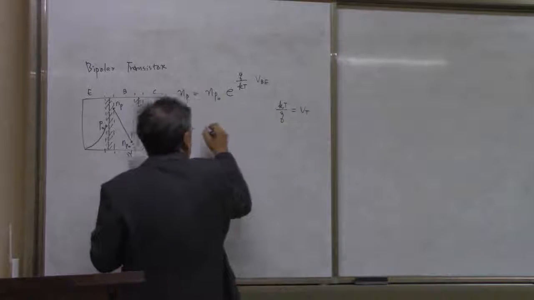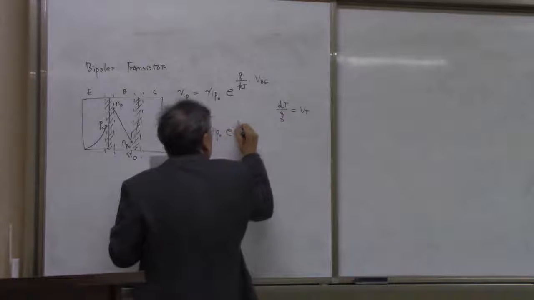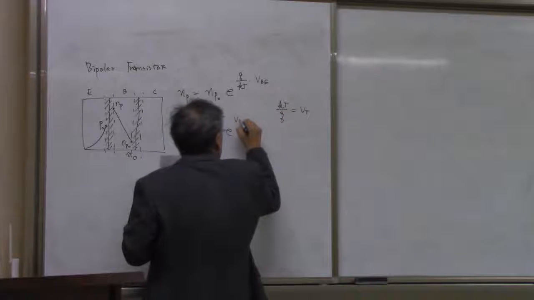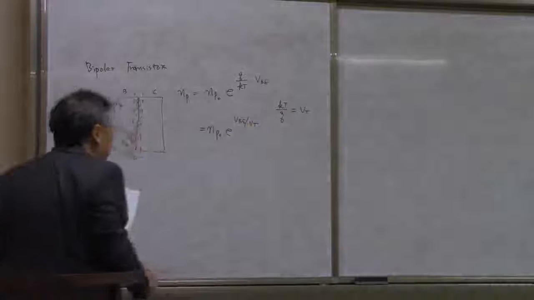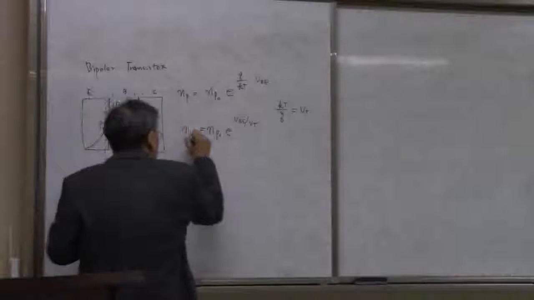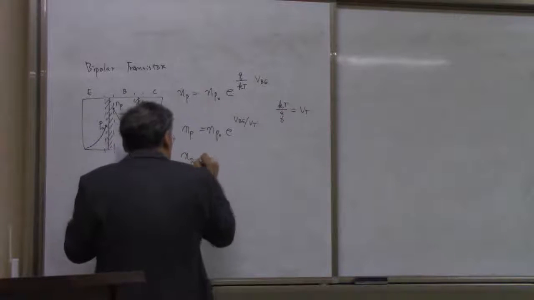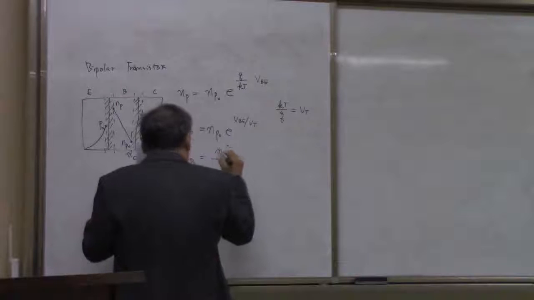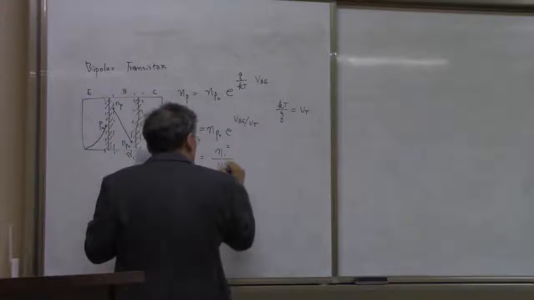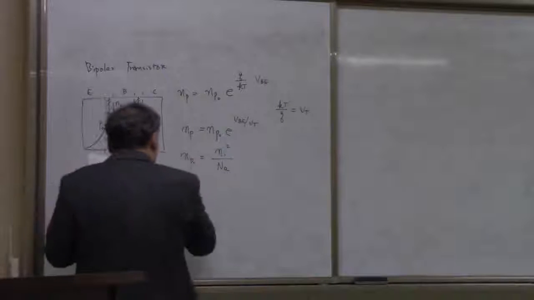So if you make it phi BE over phi T, if you write in a simplified form like this, okay? And then N_P0, the equilibrium value of minority carrier, is going to be something like this, right? This we know.